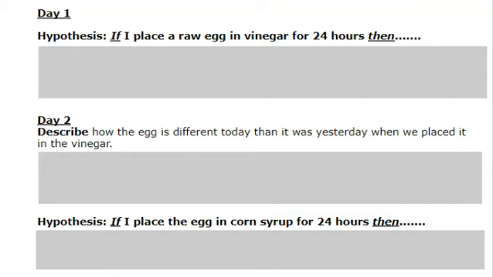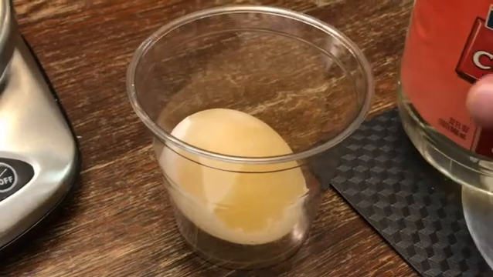And then your hypothesis, if I place the egg in corn syrup for 24 hours, then, and then you just tell me what you think is going to happen. Is it going to have a hard candy shell on there? Is it going to get bigger, smaller, change colors? What do you think is going to happen? I'm going to give you about a minute now to type those two things in there.